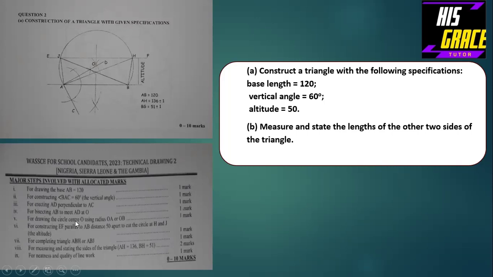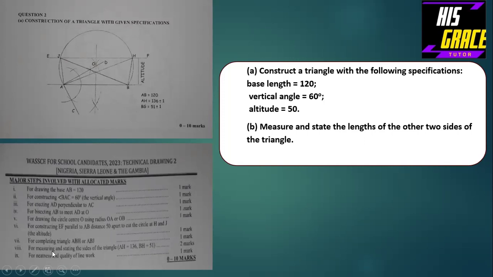For drawing the circle center O using radius OA or OB, one mark is awarded. For constructing EF parallel to AB, 50 millimeters apart, to cut the circle at H and J, that is the altitude, one mark is awarded. For completing the triangle ABH or ABJ, one mark is awarded.